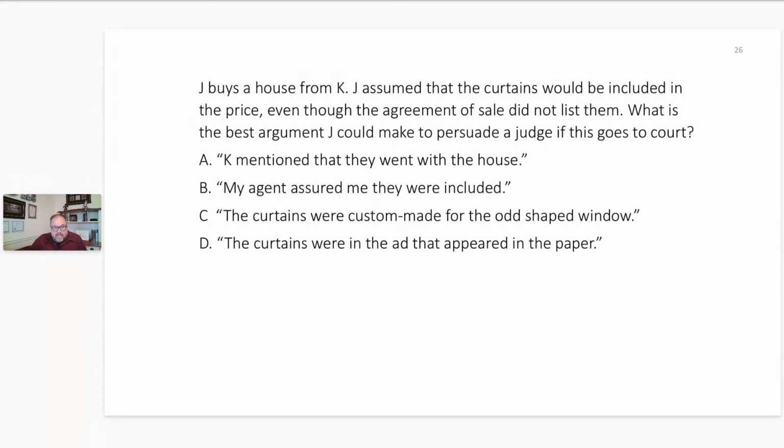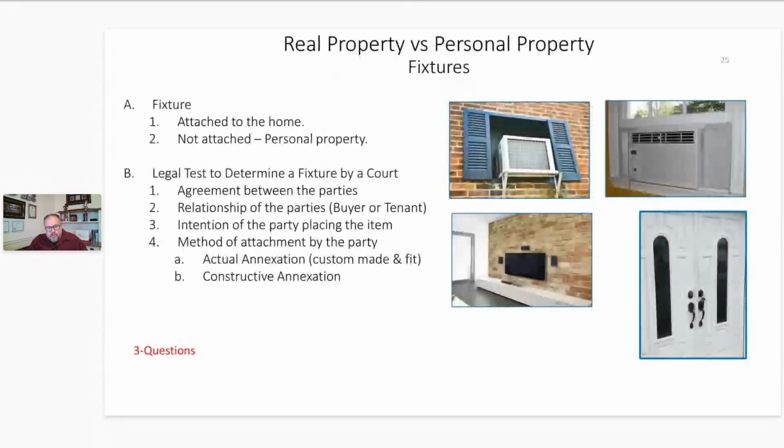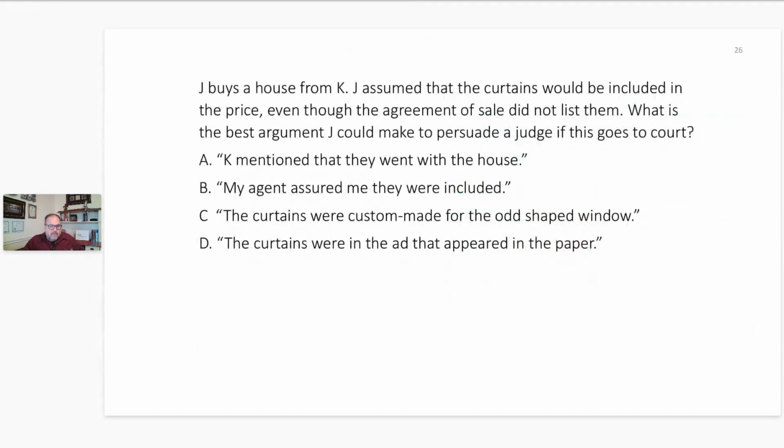We're talking about actual annexation. It fits that purpose, because the window is built at an odd shape, and those curtains were designed just for that window. So that would be the argument. We're talking about answer C.